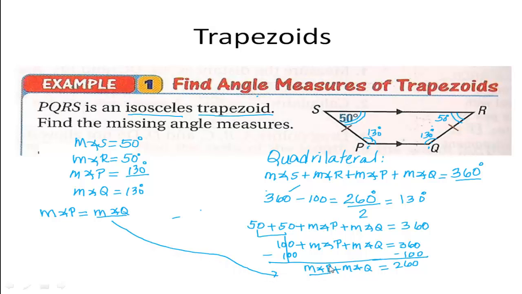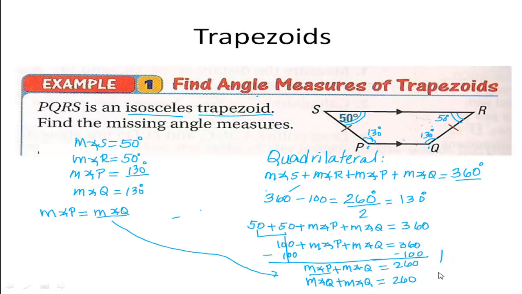Okay, so since the measure of angle P is the same thing as the measure of angle Q, I can rewrite this like that. And now I can add these two terms since they are identical. One measure of angle Q plus another measure of angle Q equals 260.